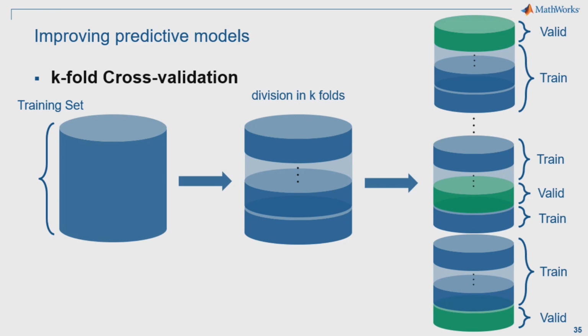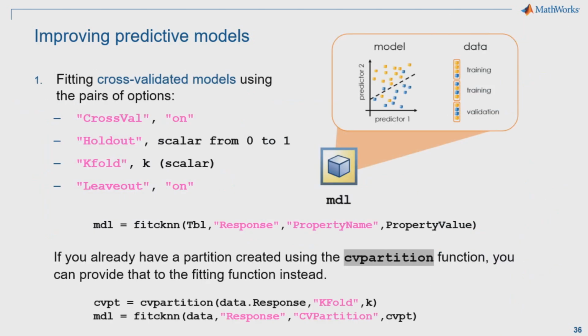Again, these are methods to tune your hyperparameters and to increase their accuracy. So in MATLAB, you can fit cross-validated models using the cross-val property of the machine learning models and turning it on, essentially.